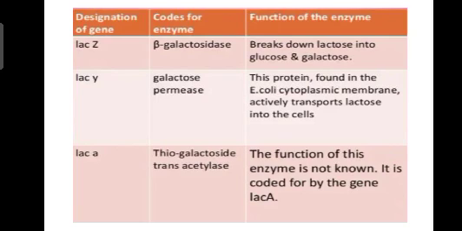Lac-Y, that is galactose permease. This protein found in the E. coli cytoplasmic membrane actively transports lactose into cells. Lac-A codes for the enzyme thiogalactoside transacetylase, and the main function of this enzyme is not known yet. It is coded by gene lac-A.